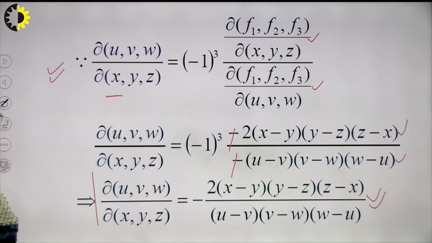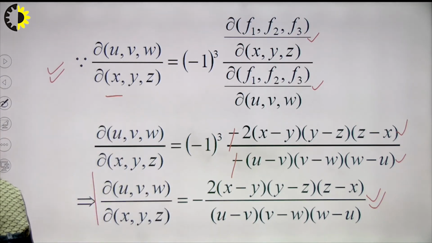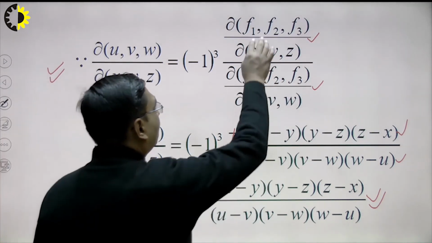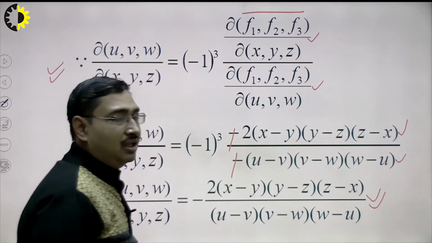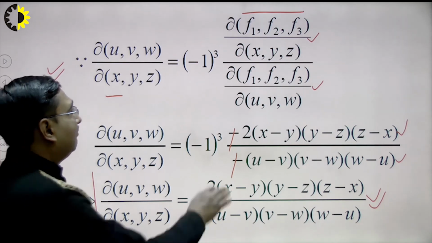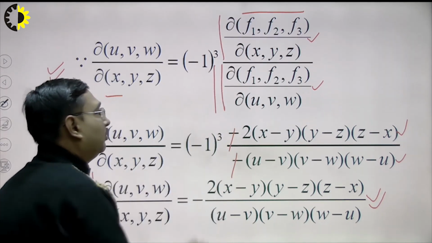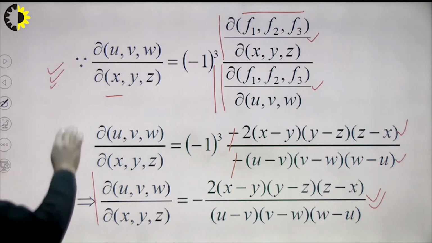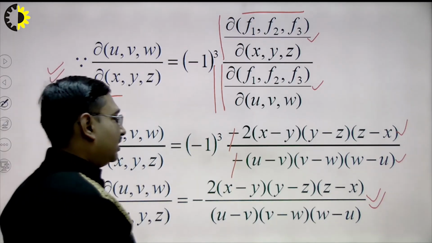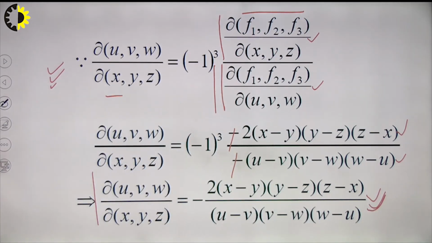Then, using the relations among coefficients and roots of the equation, I obtained three relations involving u, v, w and x, y, z. Those relations were used to introduce f1, f2 and f3, and once f1, f2 and f3 were obtained, then we calculated this Jacobian, then we calculated this Jacobian, and substituting those values in this formula, I calculated the value of the Jacobian like this, and it is our required result.